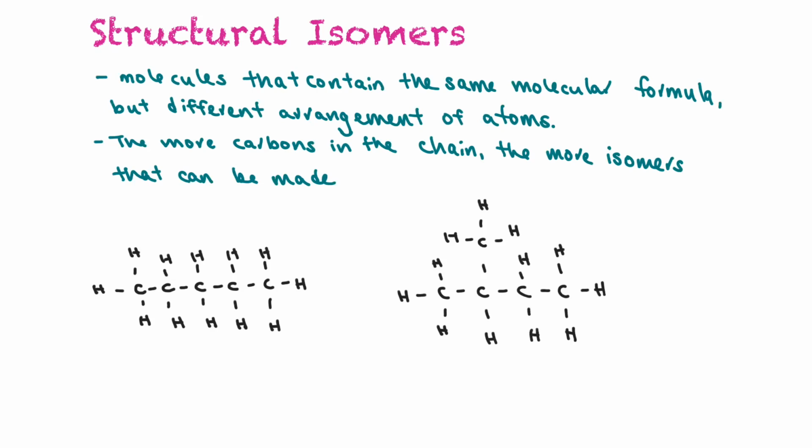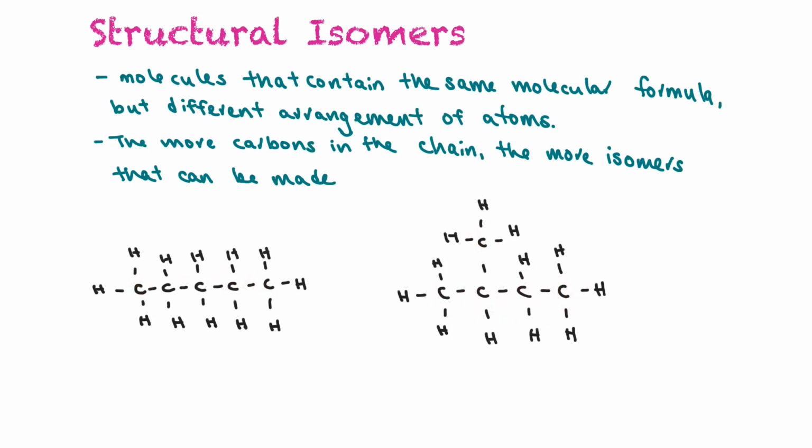Now let's take a look here. This is pentane. There's 5 carbons and 12 hydrogens. Over here, this isn't pentane, it's a branched alkane. We have butane, so 4 carbons, and there's the 5th one to match pentane.